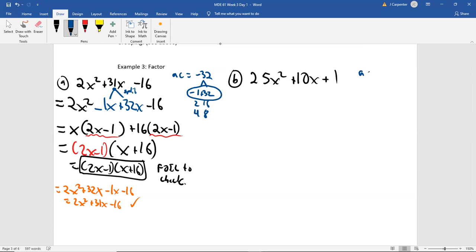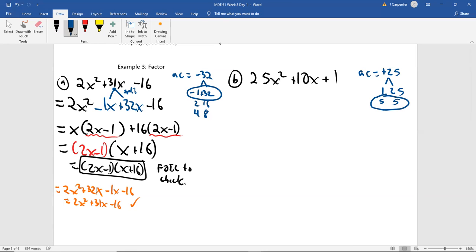So we have to do the a times the c here. 25 times 1 is a positive 25. Factor pairs, 1 times 25 or 5 times 5. We're trying to add these to make a positive 10. 1 plus 25 is 26, 5 plus 5 is 10, boom, 5 and 5 works.